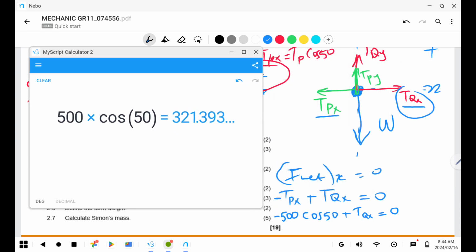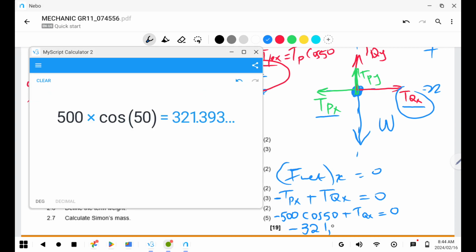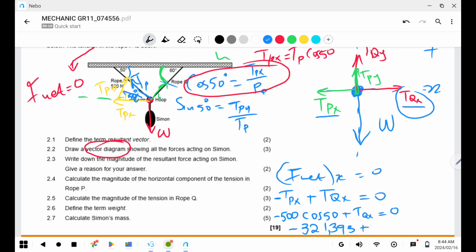Okay, I'm going to put this here. So it tells me that I have negative 321,393 plus TQX equals 0. If you transpose the 321,393, you're going to have that TQX will be equal to positive 321,393 Newton, and that will be our answer.